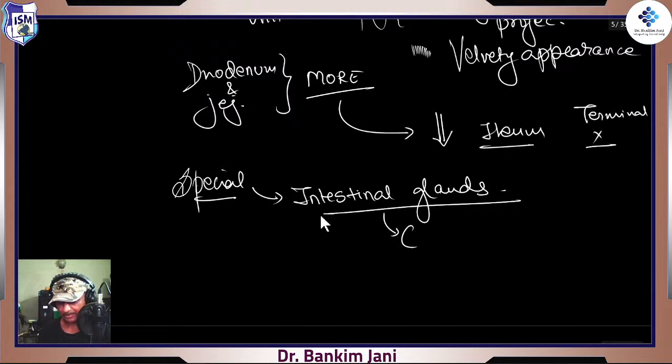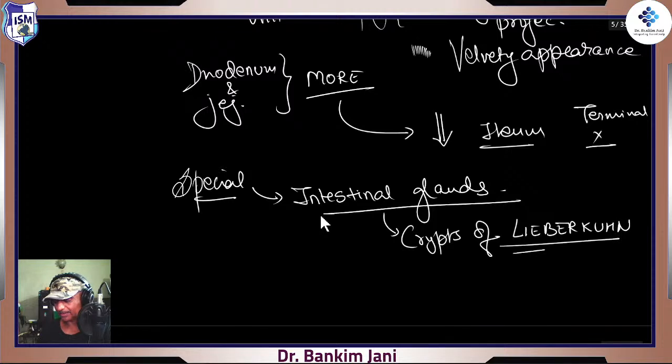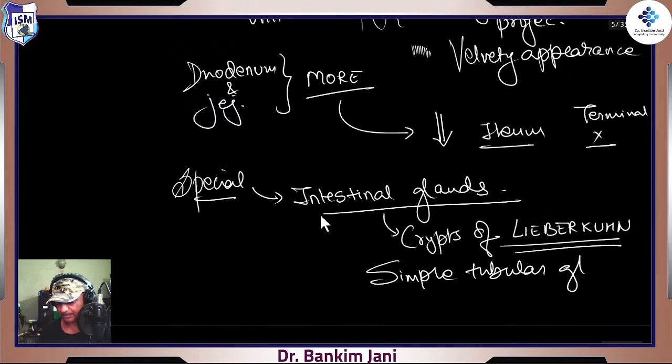They are called the crypts of Lieberkuhn. Interesting names. As such, quite simple. They are simple tubular glands, but the name is interesting.